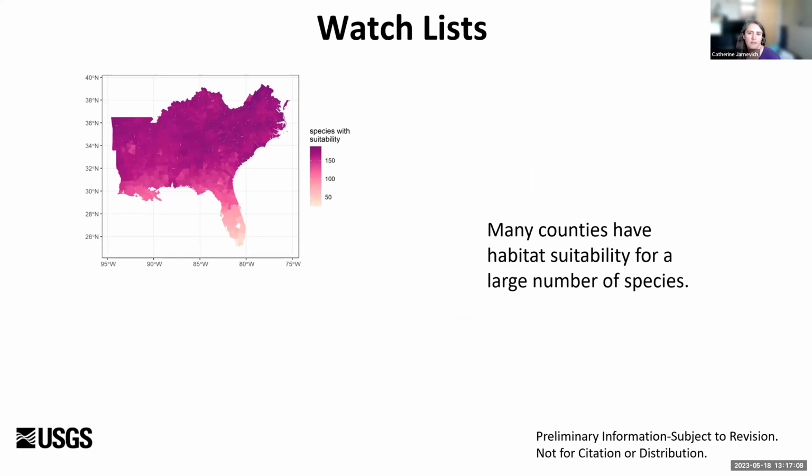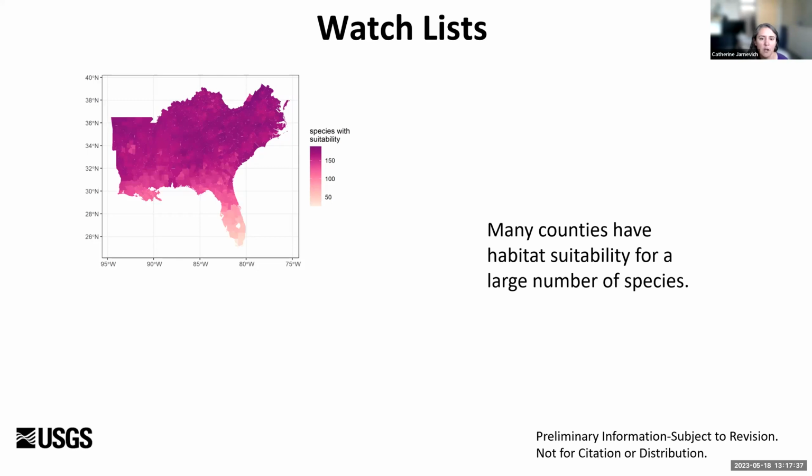Okay, so moving on and thinking of watch lists. Many counties have habitat suitability for a large number of species. For example, in the map that I have here, of the 220 species that we've modeled, it's showing the count of those 220 species that have suitability within a county within the Southeast region.